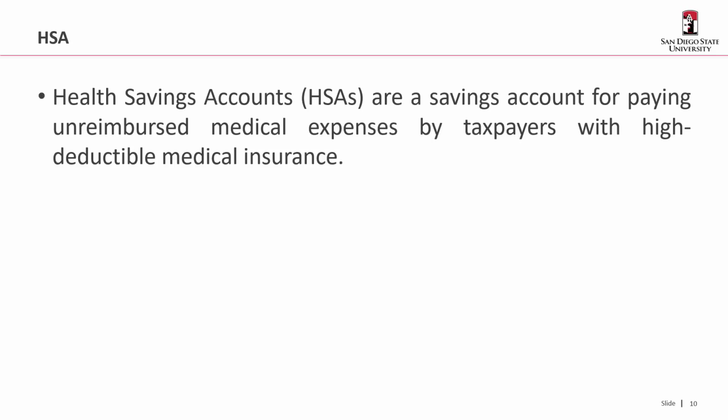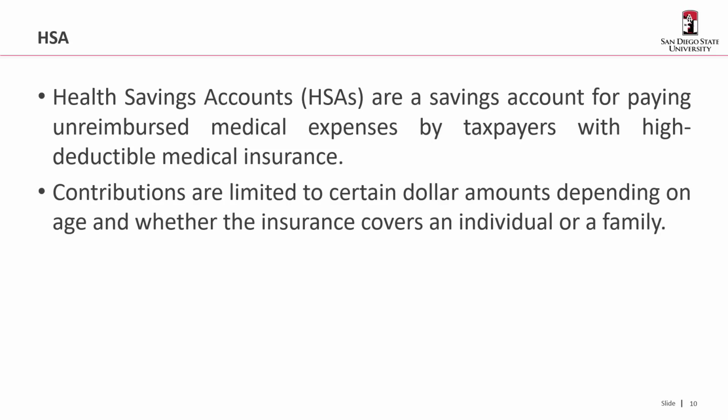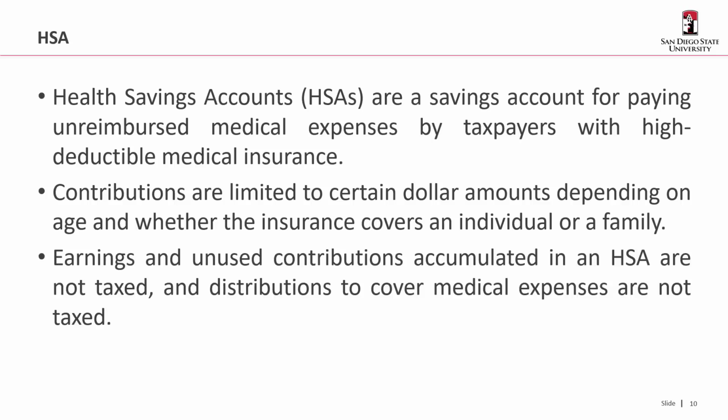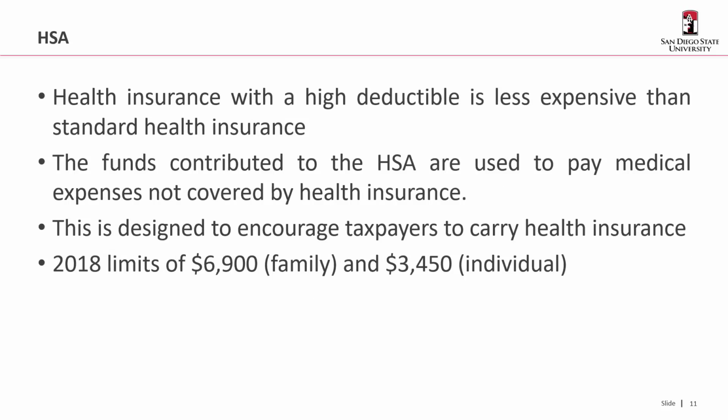And that's true of their contributions plus any income that's been earned in that health savings account while it holds the assets. So contributions are limited to certain dollar amounts depending on age and whether insurance covers an individual or a family. And earnings and unused contributions accumulating in the HSA are not taxed. And again, distributions to cover medical expenses are also not taxed.